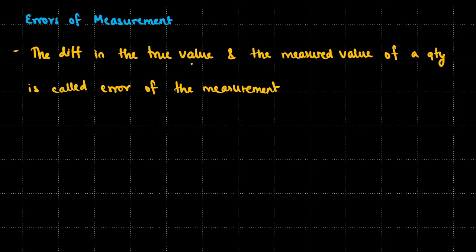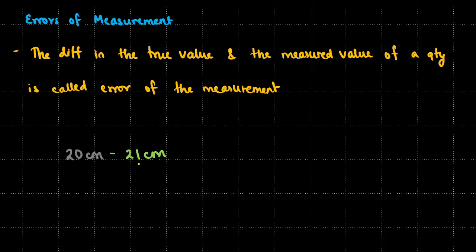So basically we are looking at the true value and the measured value. Suppose there was a rod which was exactly 20 centimeter in length, but when I measured it to the best of my abilities, I found that it was 21 centimeter, which is a fair estimate to be wrong by.